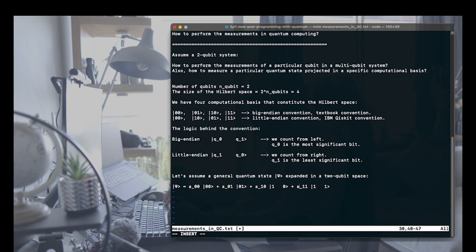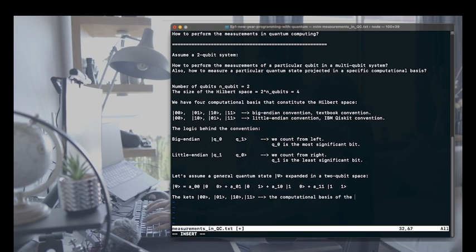And we need to keep in mind that this is done in the Big Endian convention. The kets 00, 01, 10, 11 are the computational basis of the 2-qubit Hilbert space.